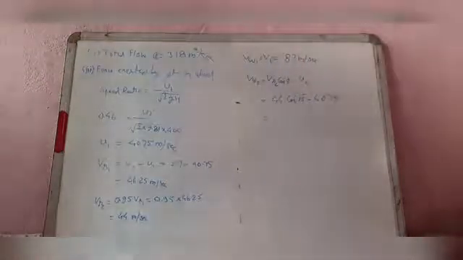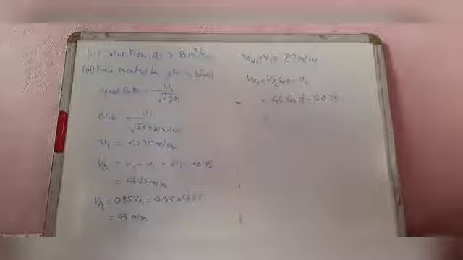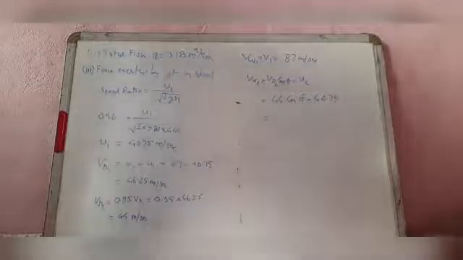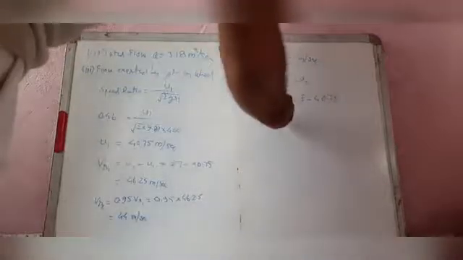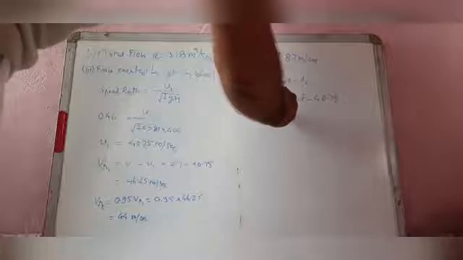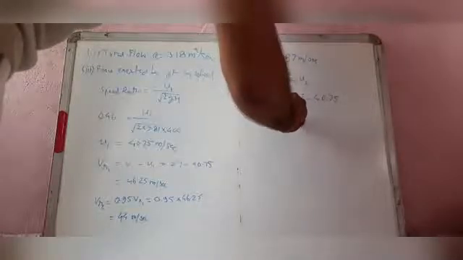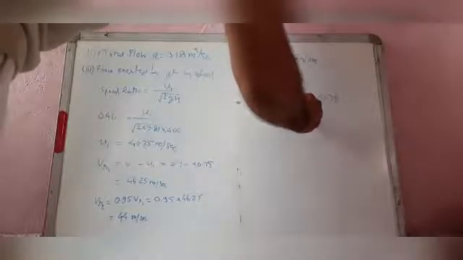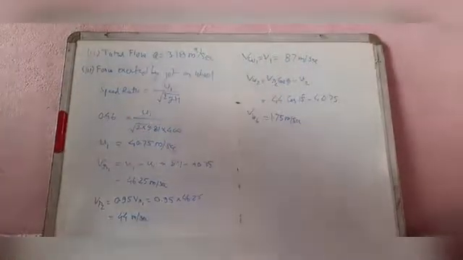So the value of VW2 is 1.75 meter per second.